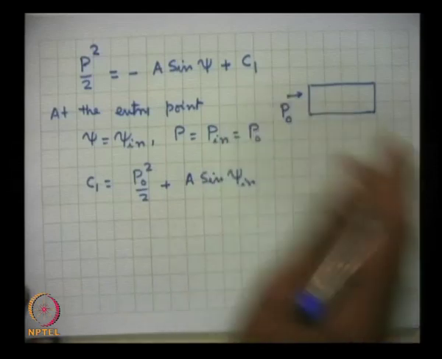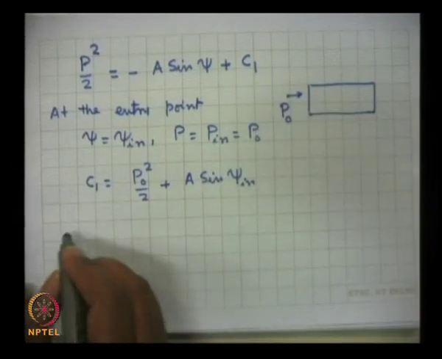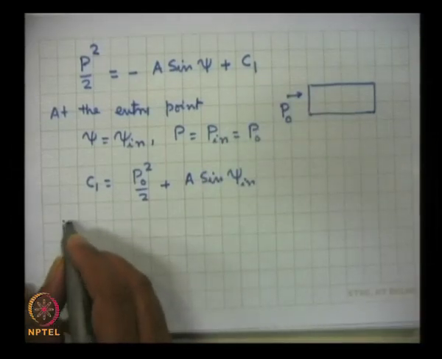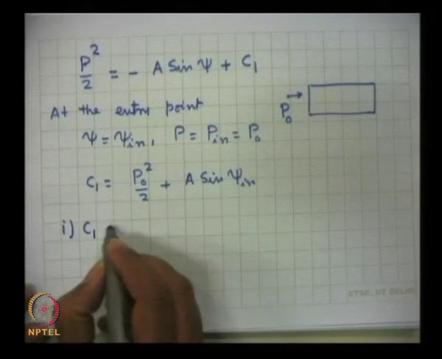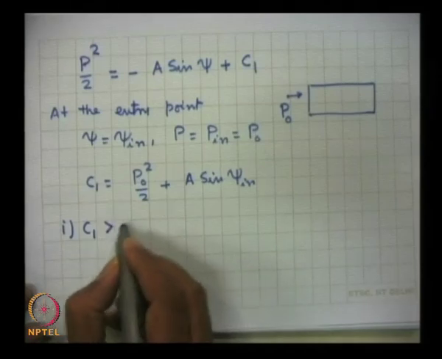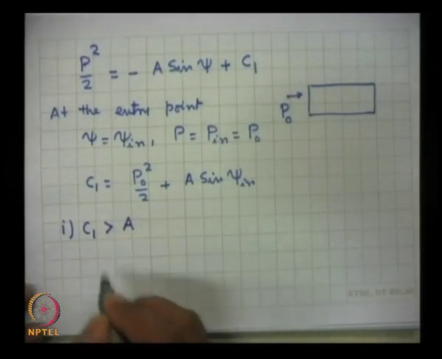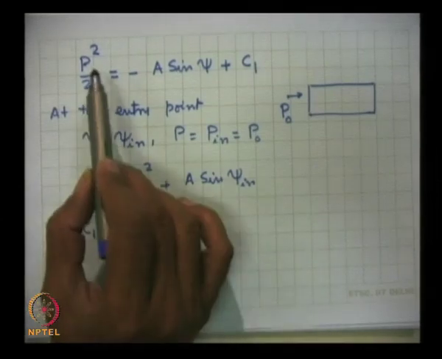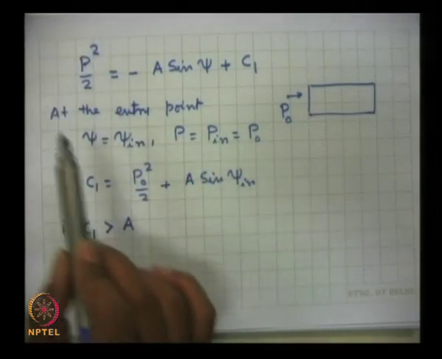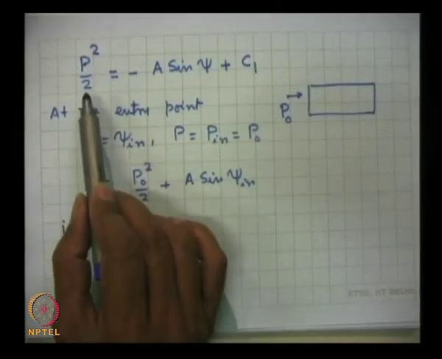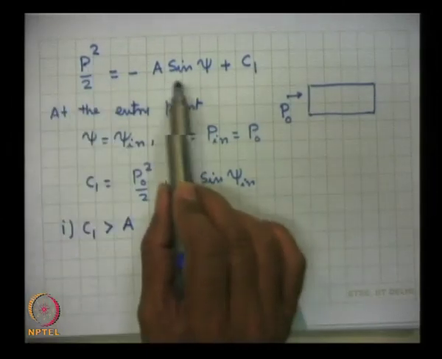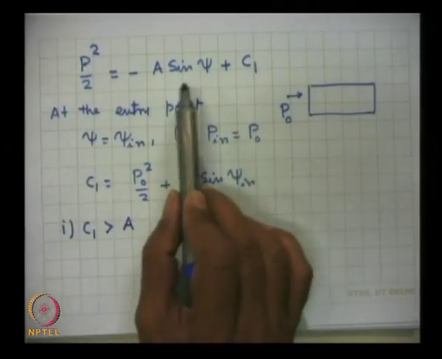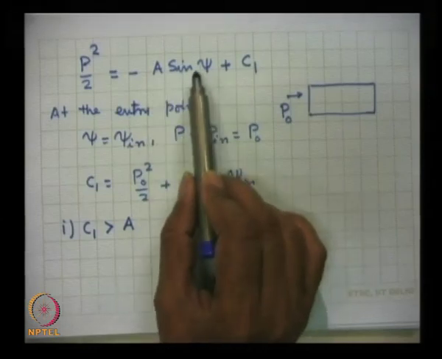So, there are three cases of interest here. One case is when C1 is greater than A. Please note one thing, the left hand side of this equation is positive definite because P square cannot be less than 0. So, the right hand side should also be positive, which is possible because sin psi can take values from -1 to +1.